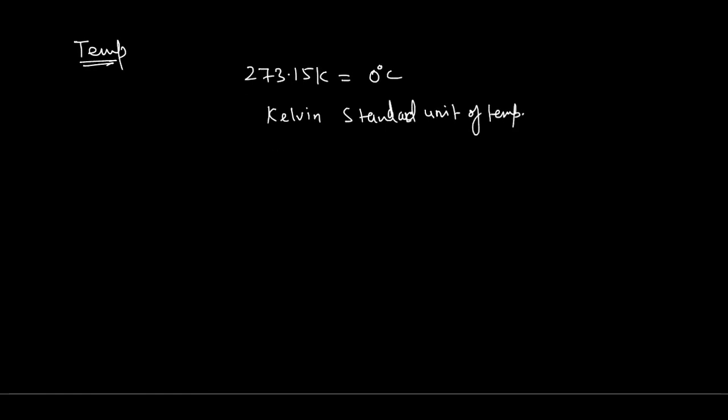So if we have 25 degrees Celsius, then it will be converted by adding 273.15 plus 25, and you will get 298.15 Kelvin. So we can simply add or subtract accordingly.